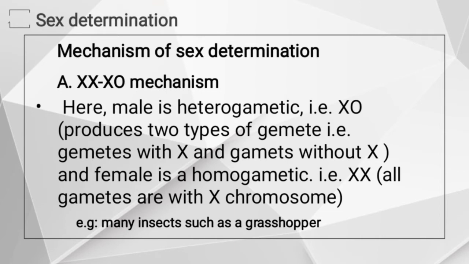First, let us discuss the XX-XO mechanism. It is mainly observed in many insects such as grasshopper, cockroach, housefly, etc. Even in roundworm we observe this mechanism. In the XX-XO mechanism, males are heterogametic, meaning they produce two types of gamete: one gamete with X chromosome, other without X chromosome.